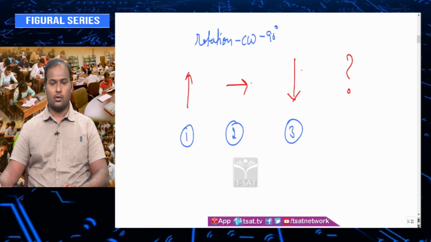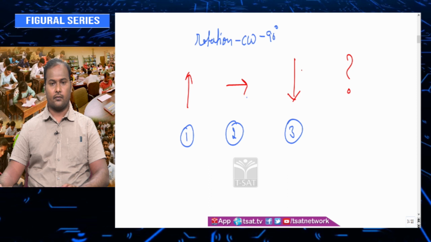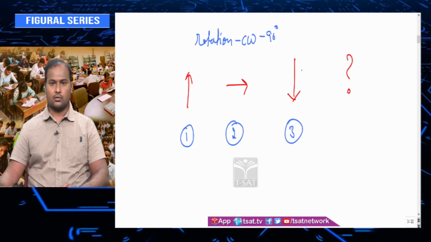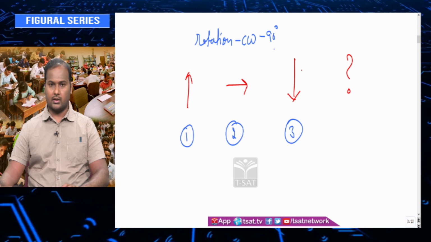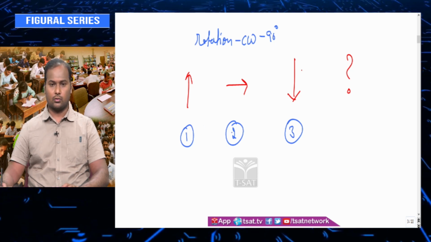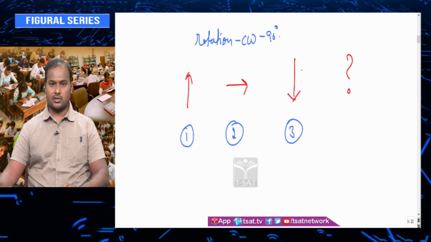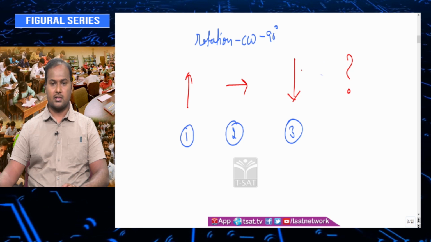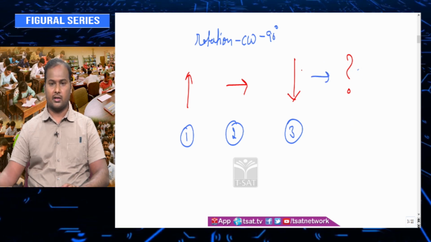In the same way, now you observe the change from figure 2 to figure 3. Here also the change is the same, that is rotation clockwise 90 degrees. So once you observe the change, 1 to 2 rotation clockwise 90 degrees, 2 to 3 rotation clockwise 90 degrees, now you apply this and get the answer. Here also you rotate it clockwise 90 degrees.